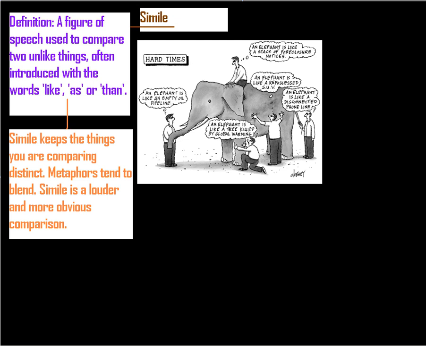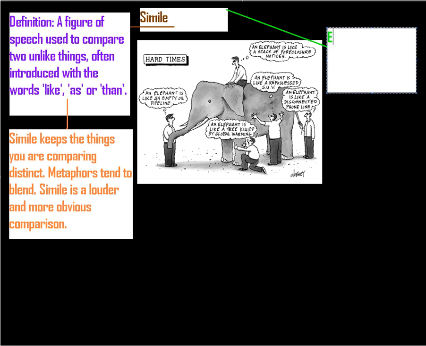But a better way, probably, of remembering what a simile is, is if you just remember the etymology, which is just where a word comes from. Now with simile, it's a bit boring in terms of where the actual word came from, but its roots tell you everything.